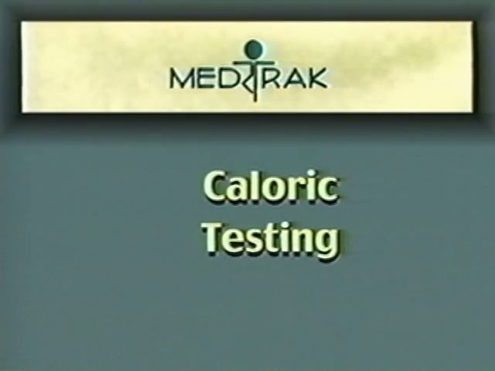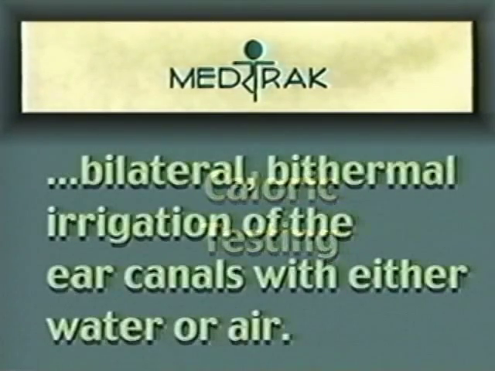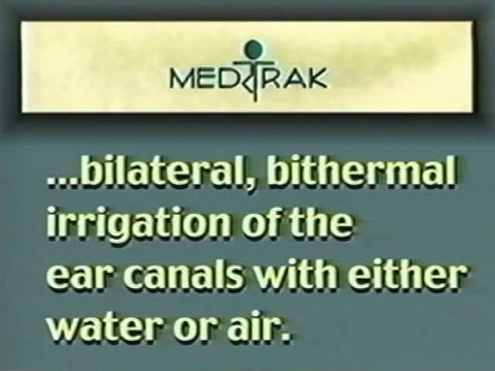The testing consists of a bilateral, bithermal irrigation of the ear canals with either water or air. In so doing, the horizontal semicircular canal is isolated and tested to determine if abnormalities exist, which may either be of a peripheral or a central origin.